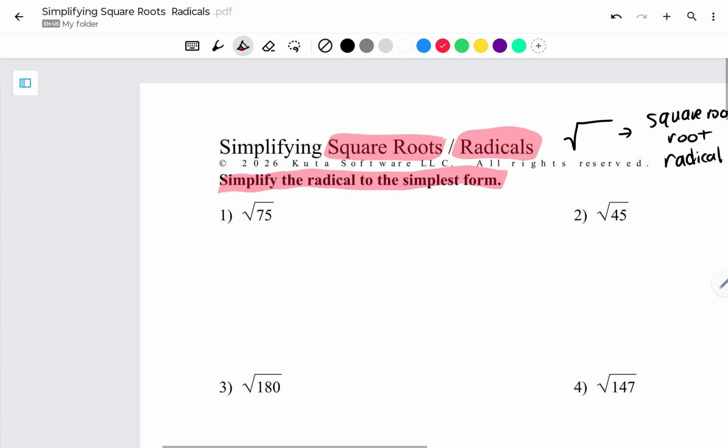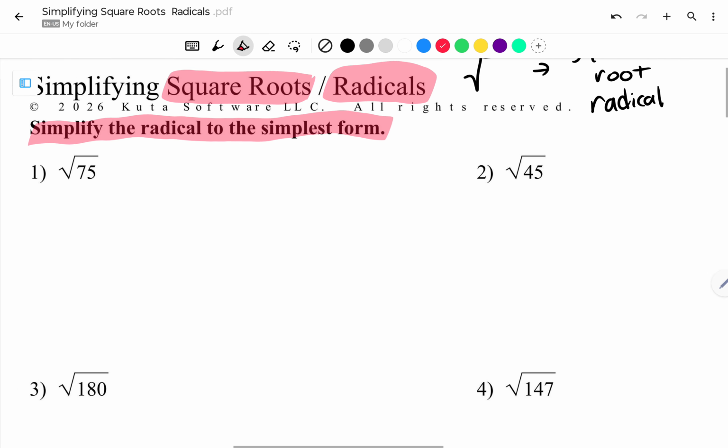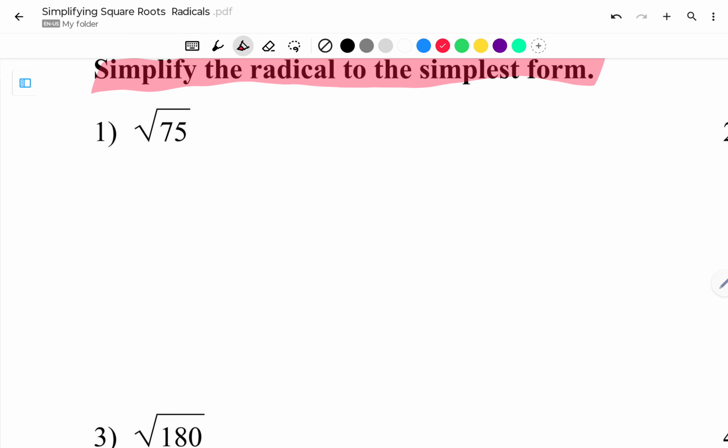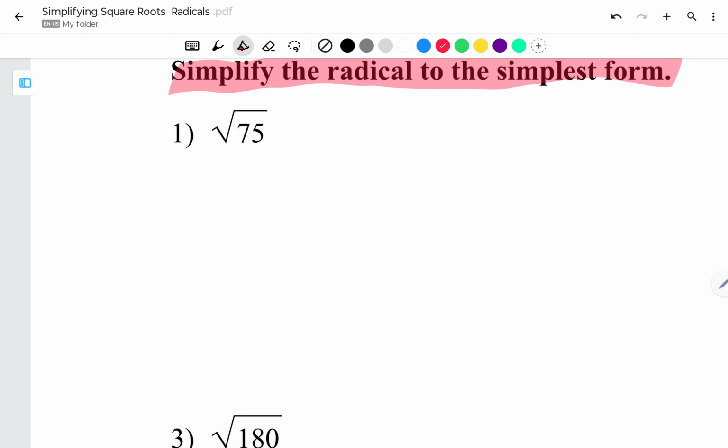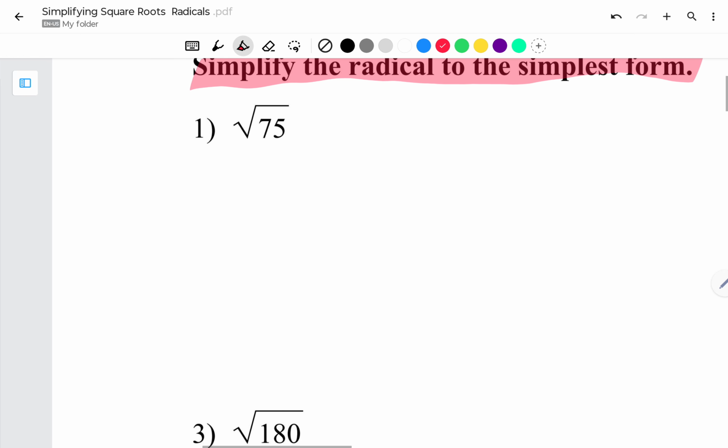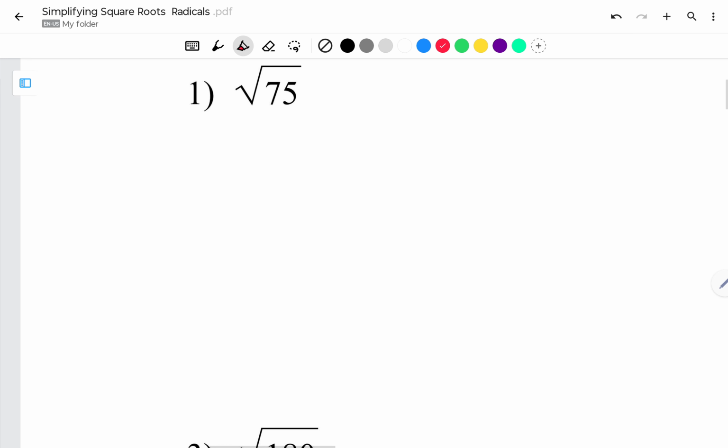Let's try this out. So the first method, you have to understand what it means to be a perfect square. So what I mean by that, 1 squared here, and you don't have to write this down right now.